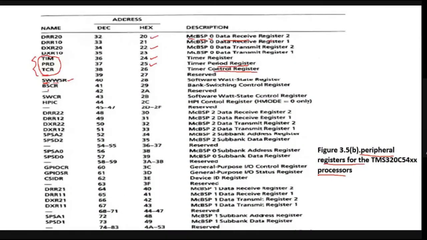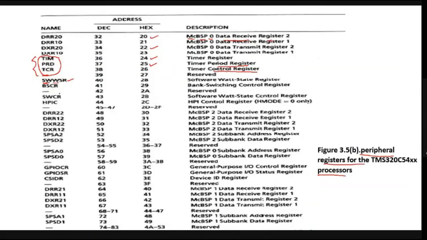When we learned the concept of HDL programming on the Spartan 3 kit, we had bank 1, bank 2, bank 3. While interfacing, we used to choose that particular bank. When we give pin numbers like P56, P72, P82, P51, it automatically chooses one of the banks. So here also we have the bank switching control register to select the banks. This is called BSCR.